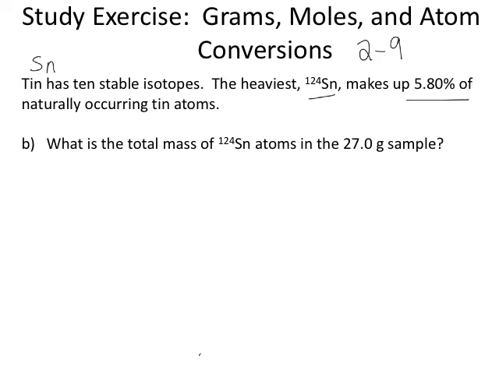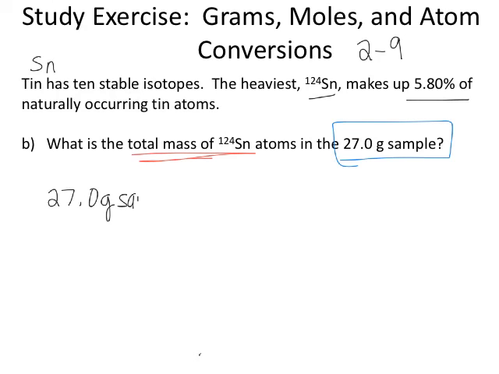Now this question is asking for the total mass of the tin 124 atoms in the 27.0 gram sample of tin.